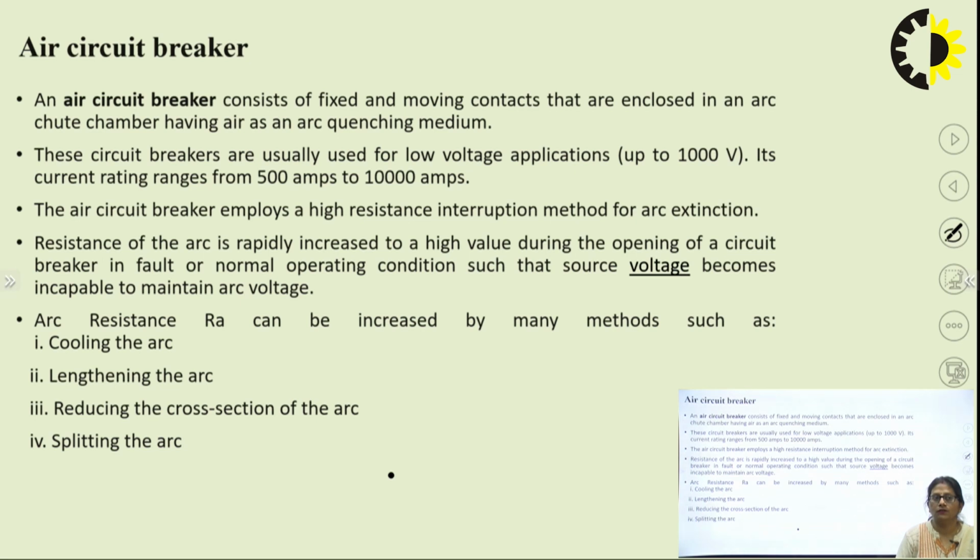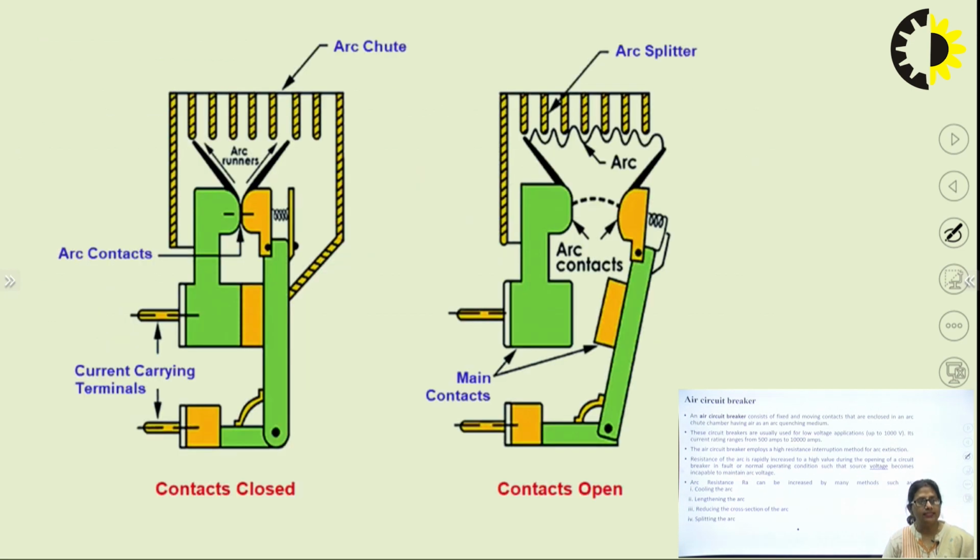What can be those methods? First is the cooling of the arc, right. Another can be lengthening the arc, making the length of the arc larger, or reducing the cross section of the arc, and the fourth can be splitting the arc, right, by using arc splitters. These are certain methods.